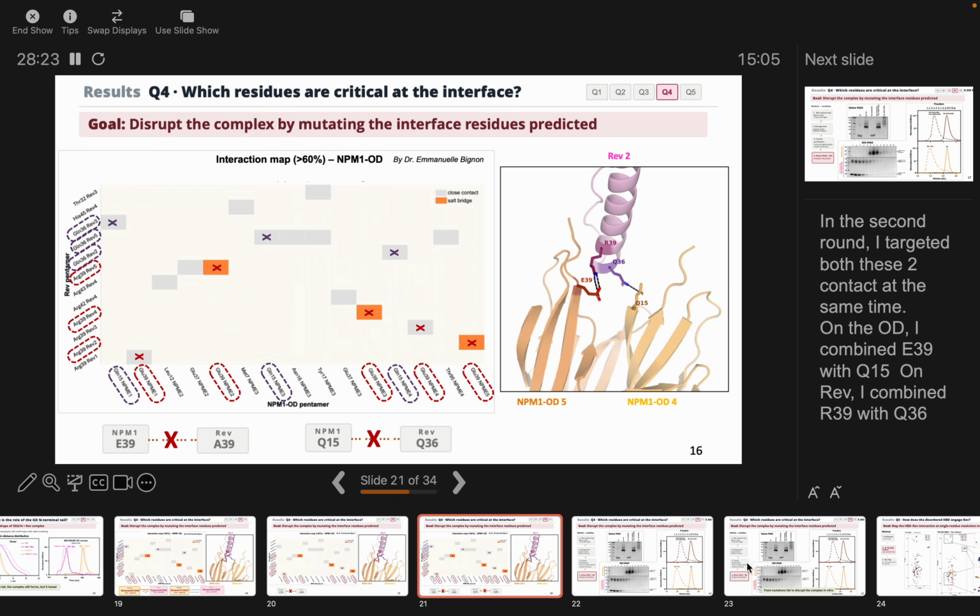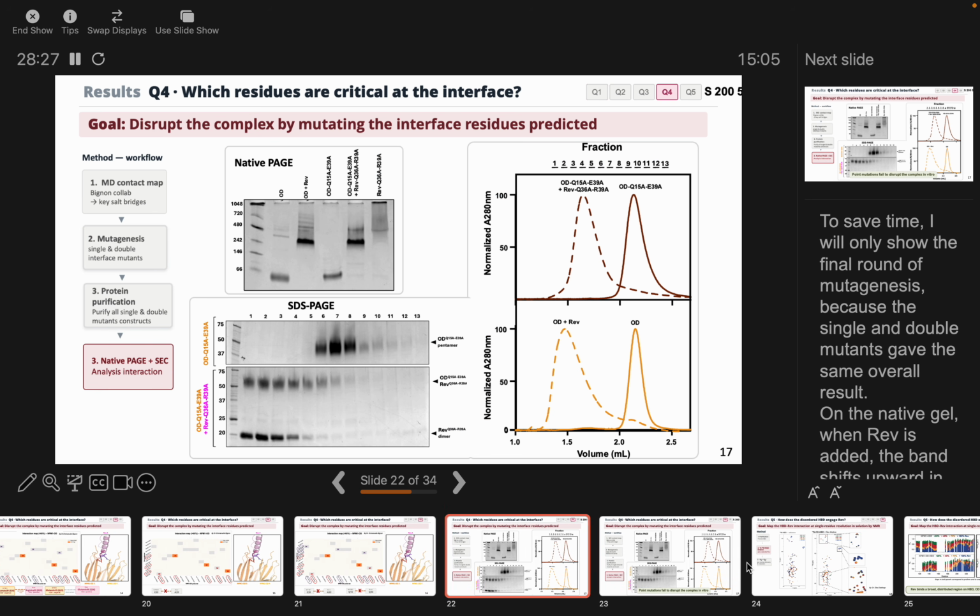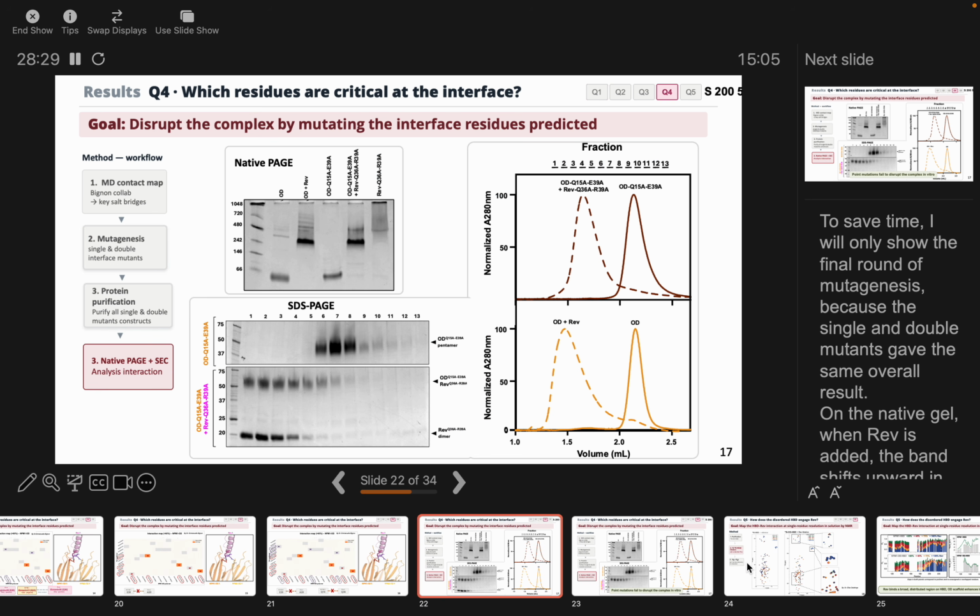As we didn't see, and so in that case you can conclude, because I think it's hard to see. It's not hard to see, but the information that you give are not so easy to follow. So you have really to again say we tested the interaction by native gel and by size exclusion chromatography.